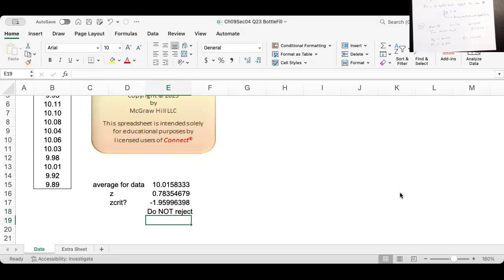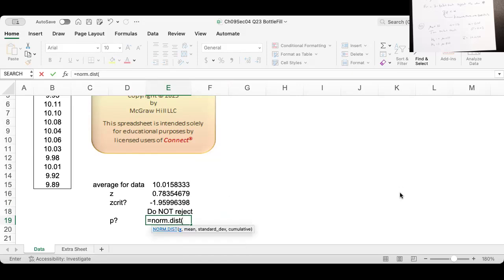There's one other way I could have done the p-value, right? The p-value would have actually asked for the normal distribution for that Z. What's the p-value? Well, that's the normal probability equals norm dot dist, parentheses, this Z value.